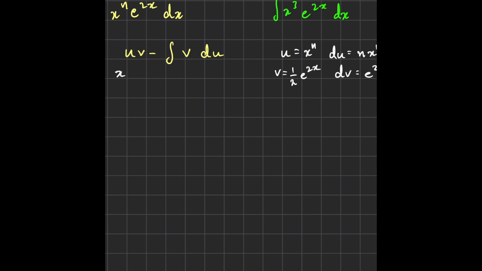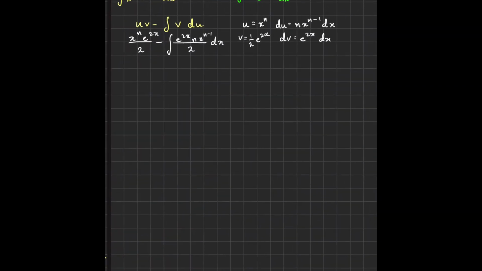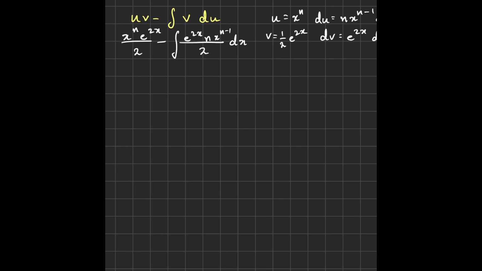into this equation, it would give us x to the power n times e to the power 2x over 2, minus n over 2 times the integral of x to the power n minus 1 times e to the power 2x dx. Now, we can simplify this further by taking out the 2 and the n, because they're constants.